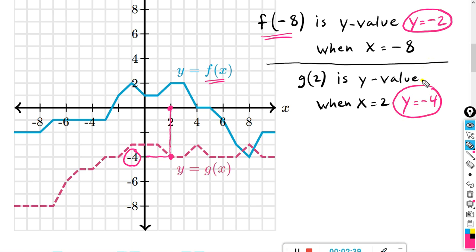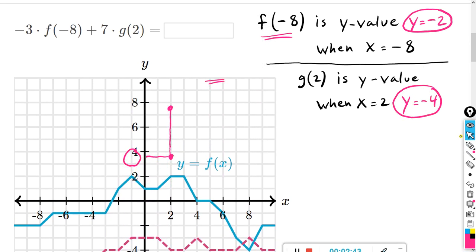And we're going to use these numbers in the equation. We're going to substitute them in. So we have -3 times f of -8, which we said was -2, and that's plus 7 times g of 2, and we said g of 2 was -4.